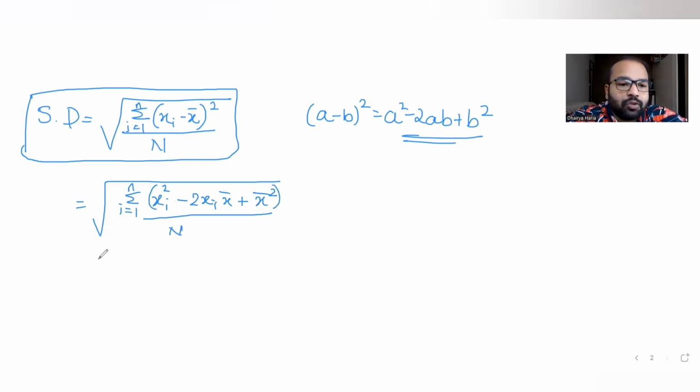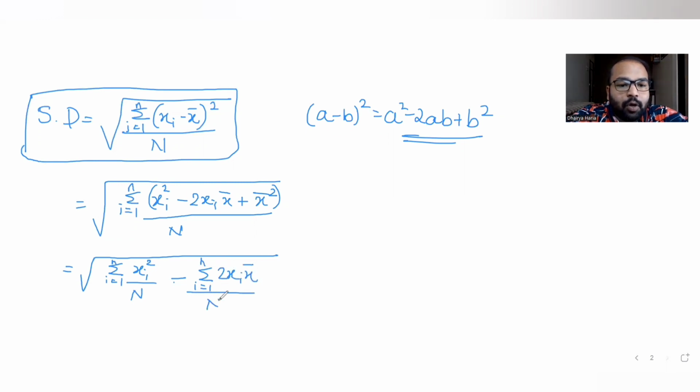Now if I further want to solve this, I will take all of these summations separately with all three terms. So I get summation i equals 1 to n xi square by n, minus summation i equals 1 to n 2 xi x bar upon n, plus summation i equals 1 to n x bar square. It's not xi square, understand that? That is x bar square, that is mean square.